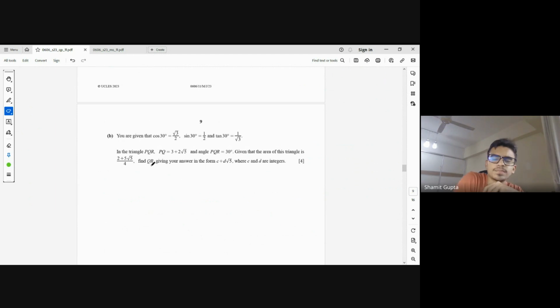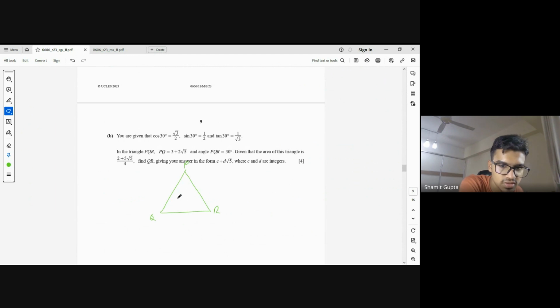But how do you know what the other angles are? They've given you one angle. Suppose I just assume a triangle will be like this, PQR.